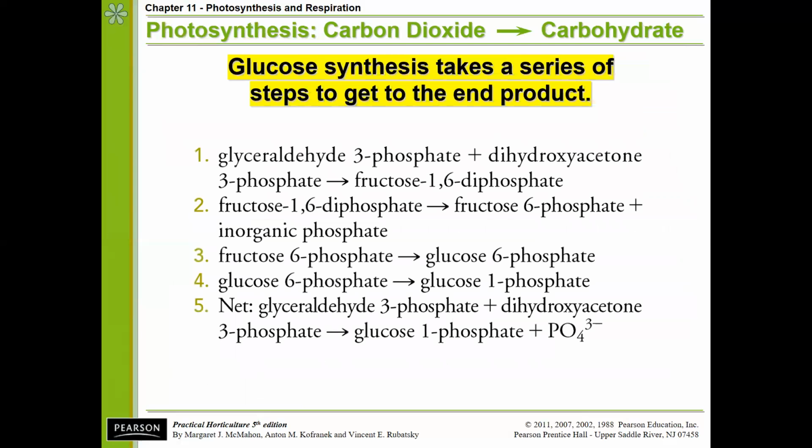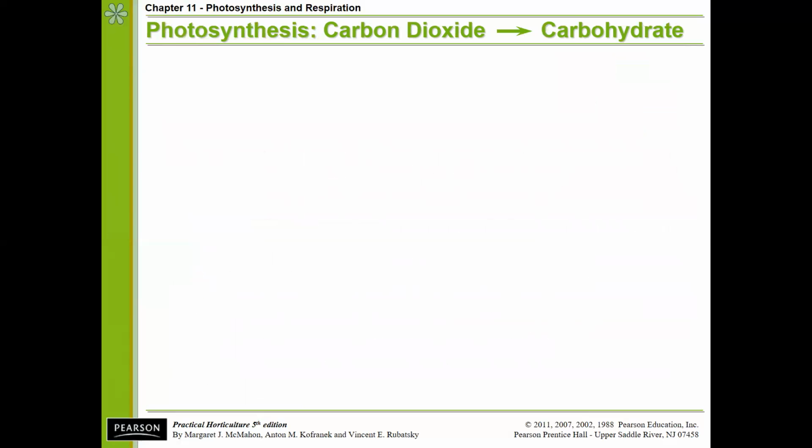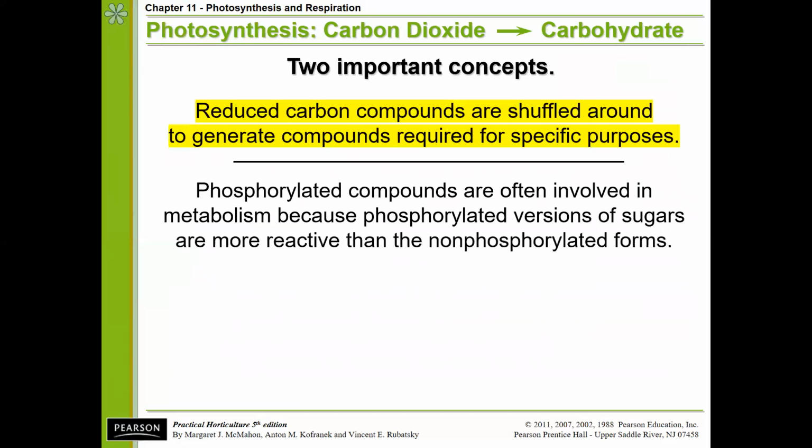And for the synthesis, there's a series of steps. Again, these are highly complicated chemical transfer steps to get to the end product. And in order to metabolize different chemicals, these steps can be slightly different. So here are two important concepts in transferring energy.